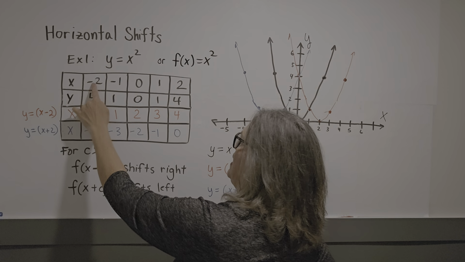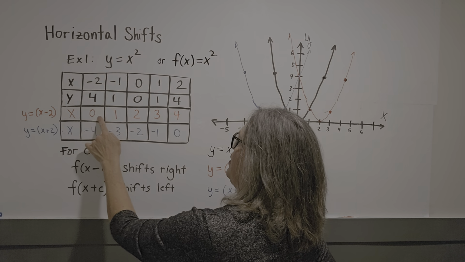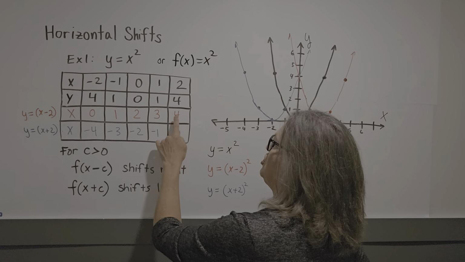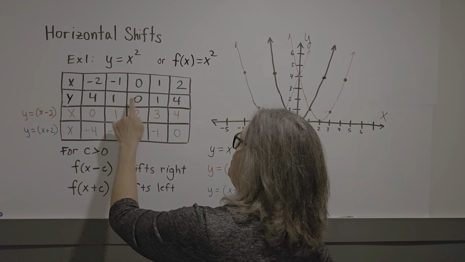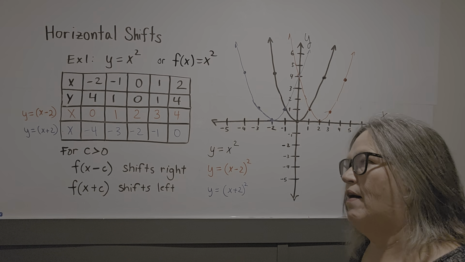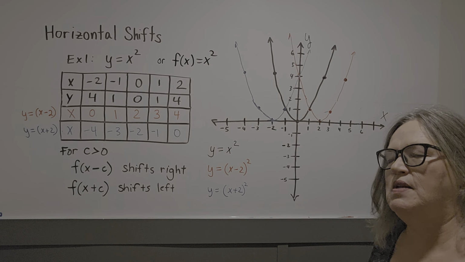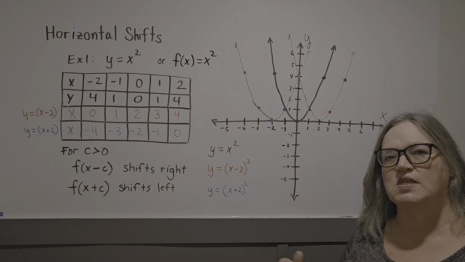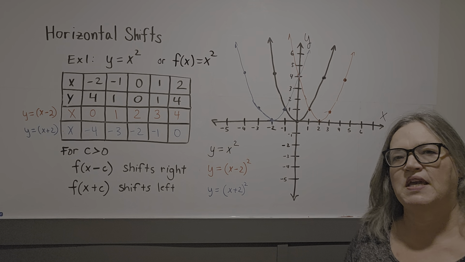You'll notice instead of -2 we have 0. Instead of -1 we have 1. So these have all been shifted up by 2 to get the same output, and that's why it's x minus 2. All right, so it's a little confusing, but just remember when you're doing your shifts horizontally, you're thinking in reverse.